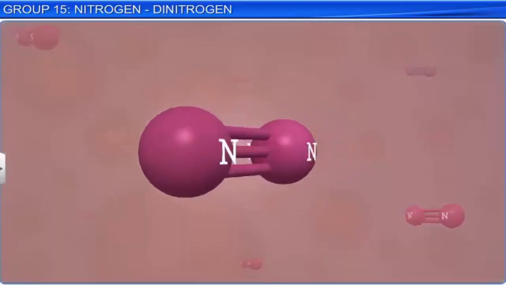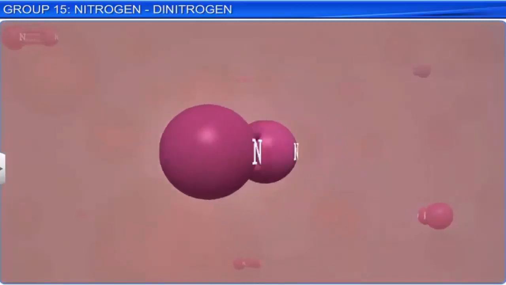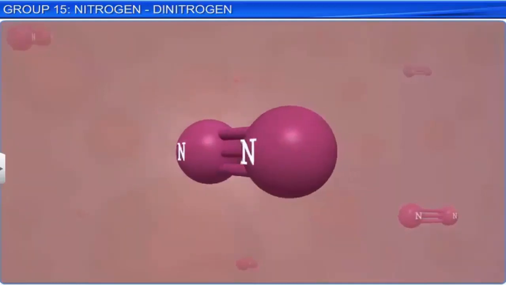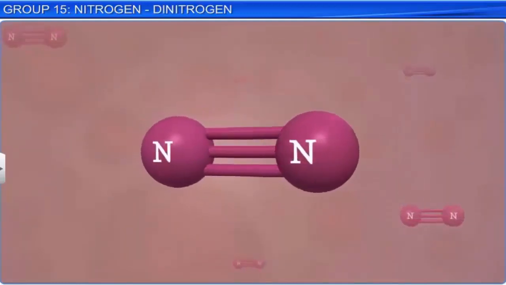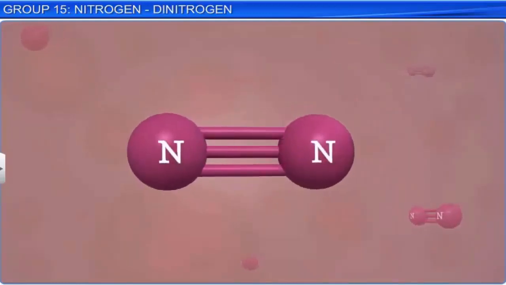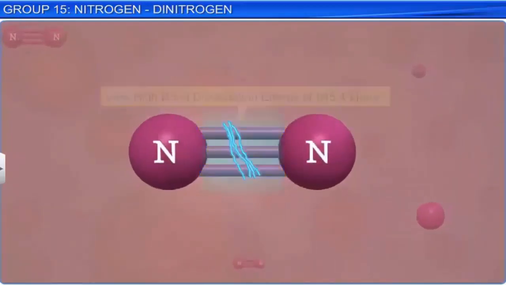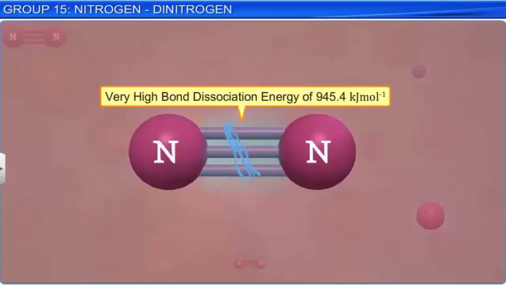It is important for us to study the reactivity of dinitrogen, as many of its applications are attributed to its reactivity. A molecule of dinitrogen consists of a triple bond that has a very high bond dissociation energy of 945.4 kilojoules per mole.